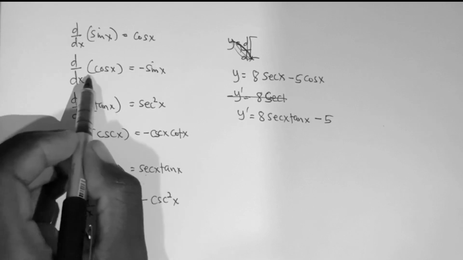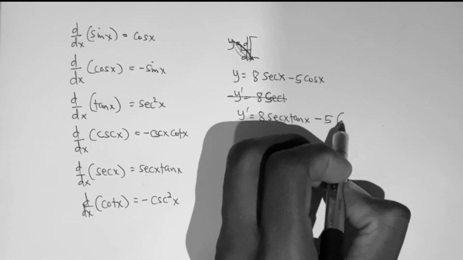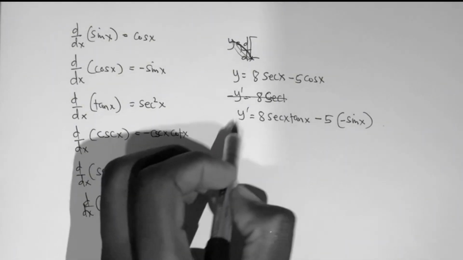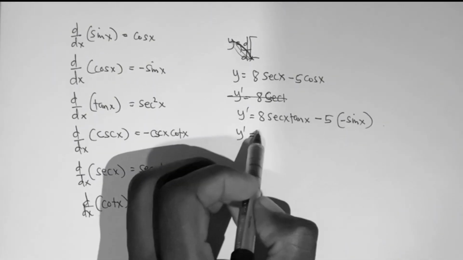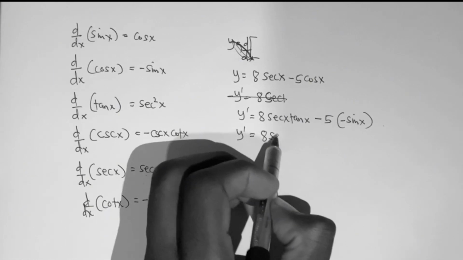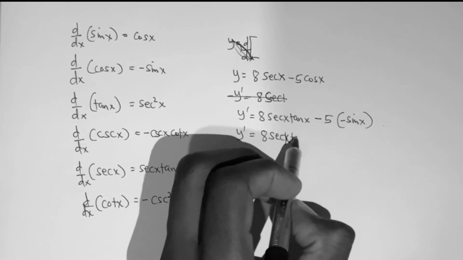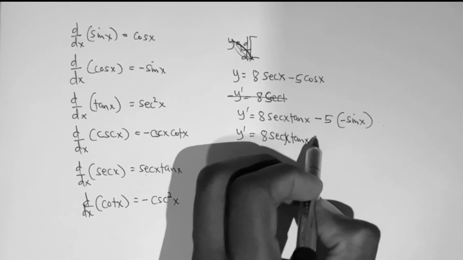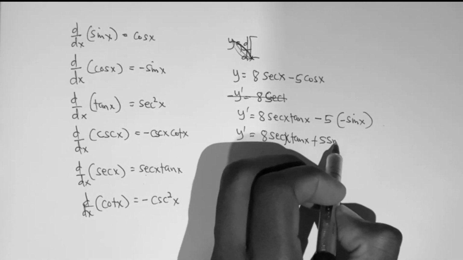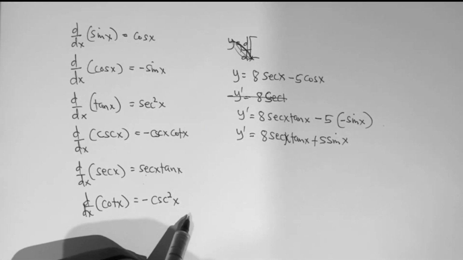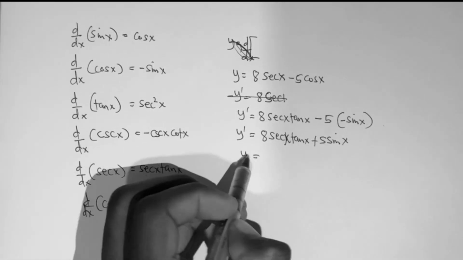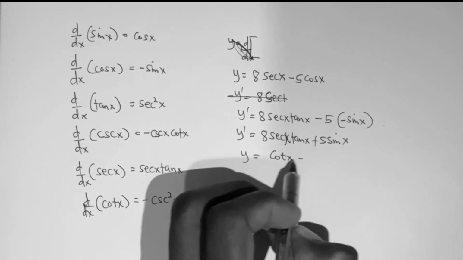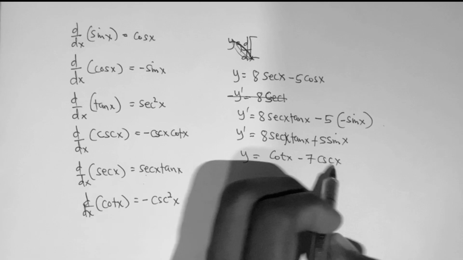If you differentiate cos x, you get minus sin x. So y prime is equal to 8 sec x tan x, then minus 5 times minus sin x becomes plus 5 sin x.